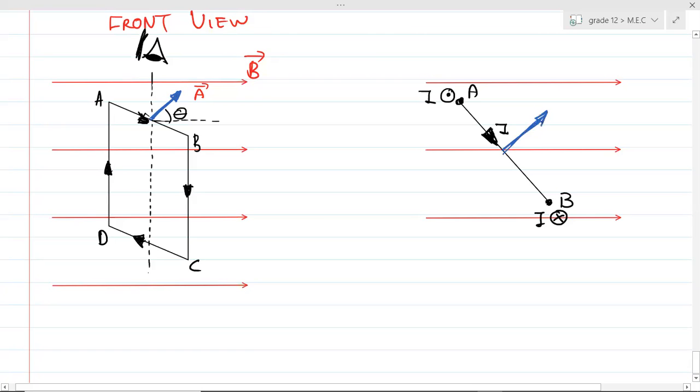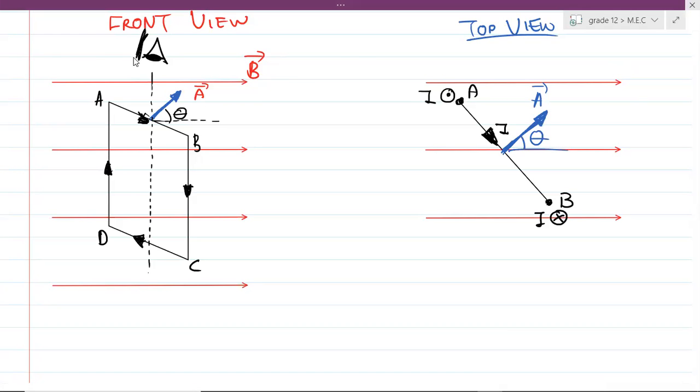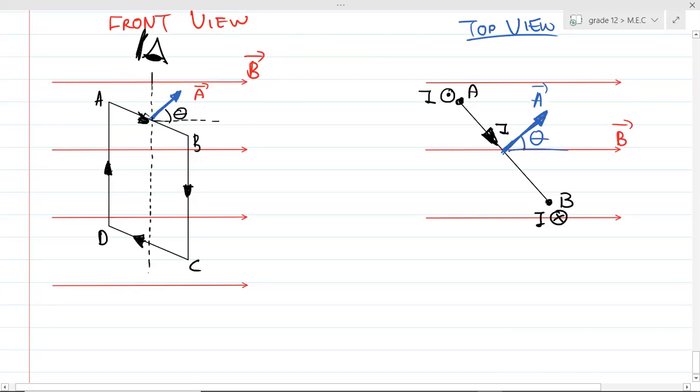Why are you not able to see the whole loop, guys? Because the loop is into the plane, and since you are observing from the top, you will not be able to see the whole loop because the loop is beneath this. So this is the area vector, and can you see over here, I rotated it in such a way that the area vector is making an angle of theta with the magnetic field. Is this clear, everyone?